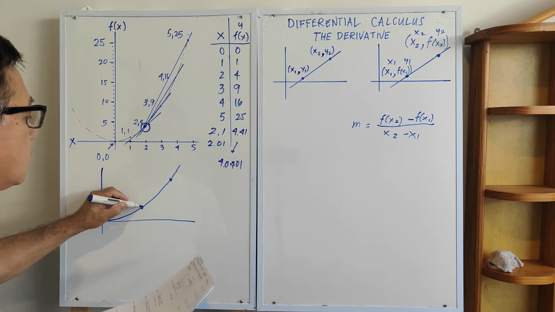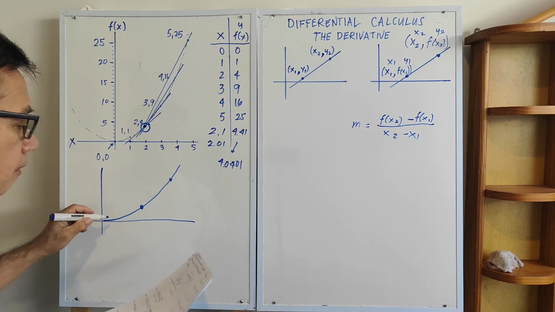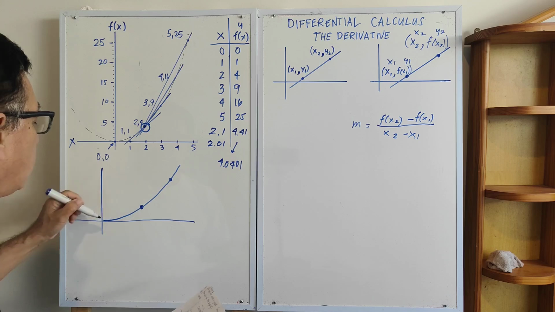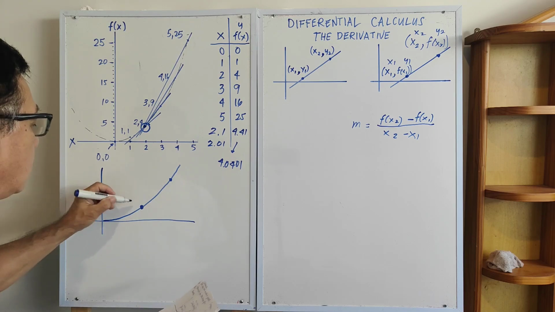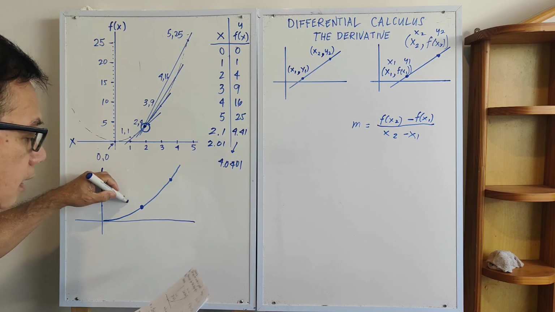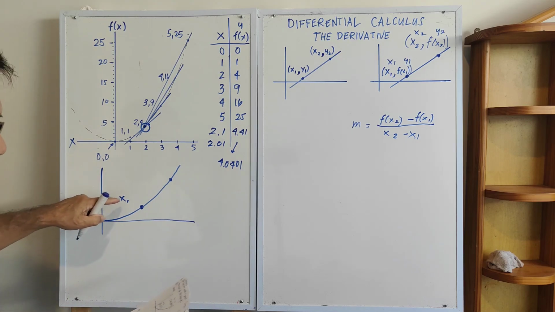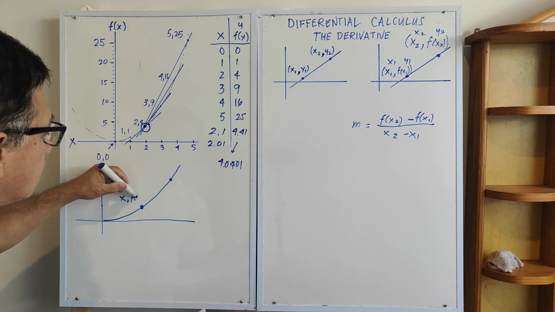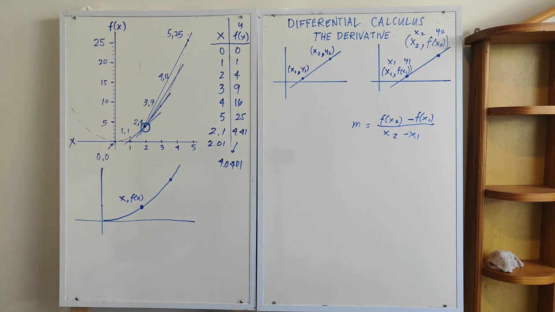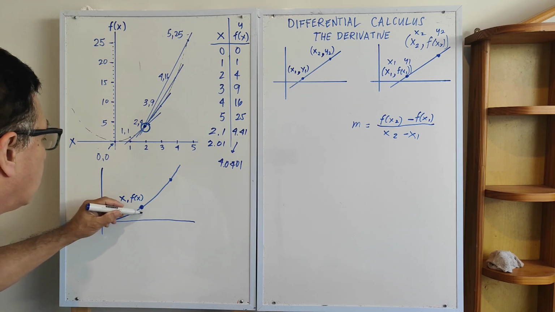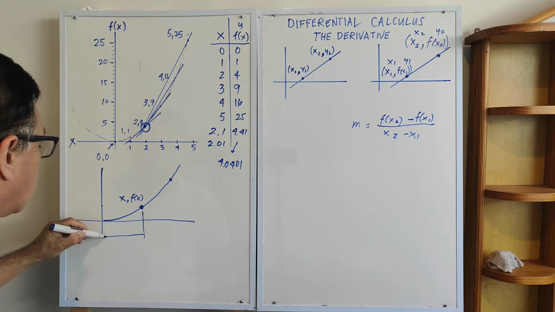Now, if the distance from here to here is x, so this is x, then the y component would be f of x.